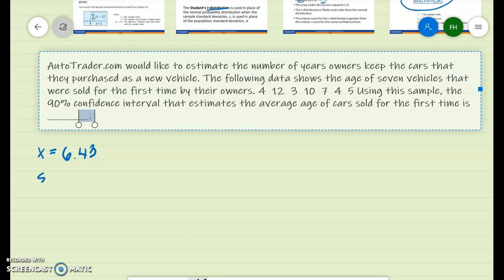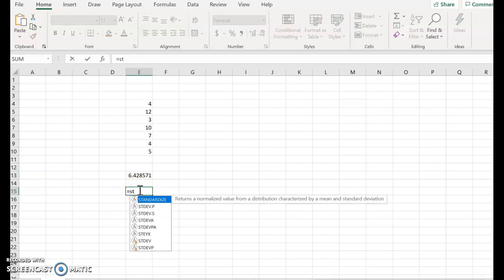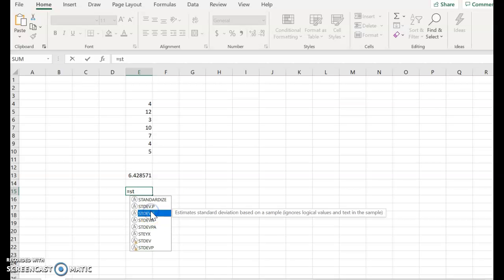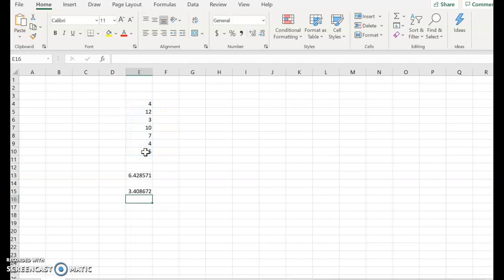Now we have to know the standard deviation, and we learned how to do that, and it may be a little blurry for you of how to calculate it, but just for this purpose we are going to do, and I believe it is this one. We'll go with that and see what happens.